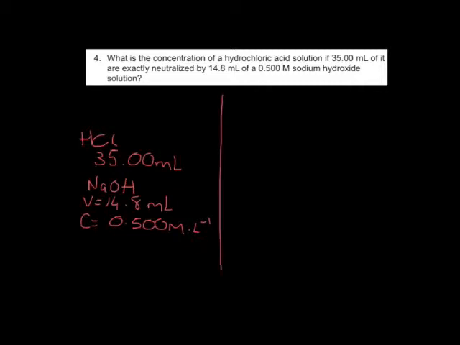So step one here is that we need to write out a reaction equation. So I've got the hydrochloric acid and the sodium hydroxide reacting. Now I've got an acid plus a base, so I know that's going to form a salt and water. One of the clues about this being balanced is that I've got a monoprotic acid, so only one proton can be donated.